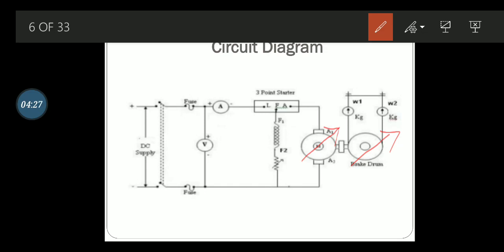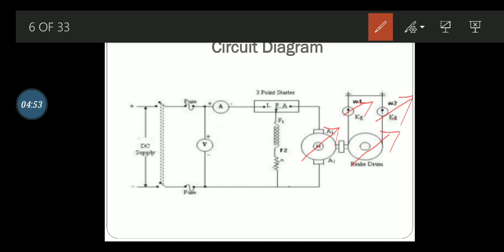It consists of two spring weights, that is W1 and W2. Motor can be started by the 3-point starter, as this is a DC shunt motor. You know, for starting up a DC shunt motor, a 3-point starter can be used.